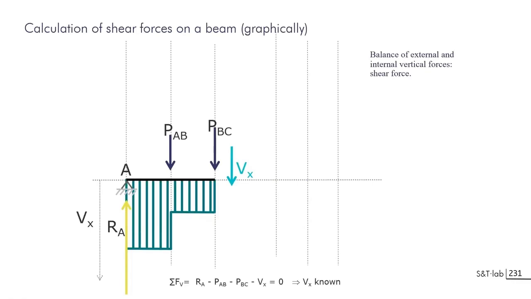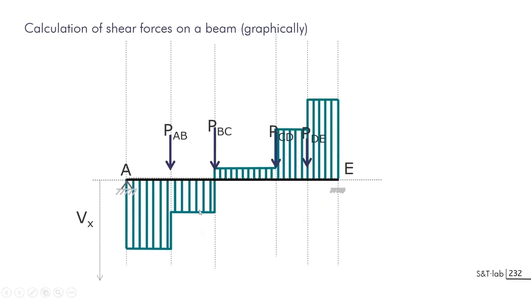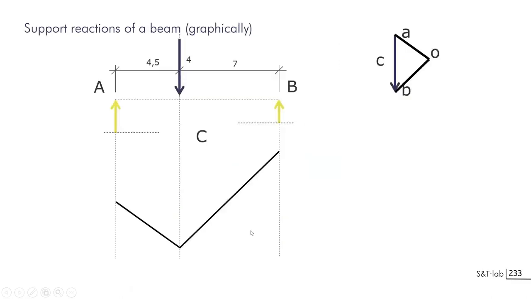About shear forces, you can do the same equation, and we have 5 different lines that will be describing each time the equilibrium of the system. So you will need 5 times the same equation, since all these forces are not present in all the equations. So let's move on to graphic statics.